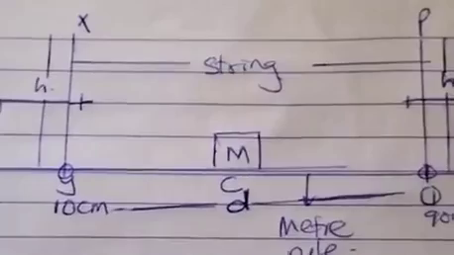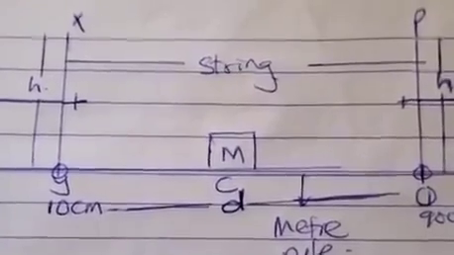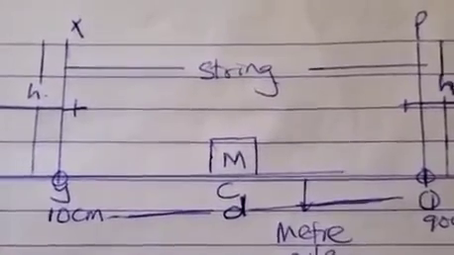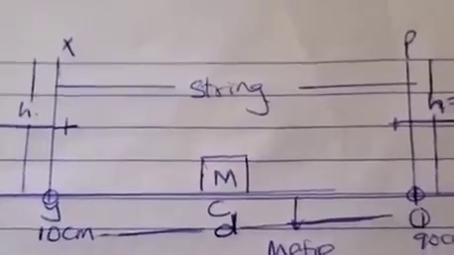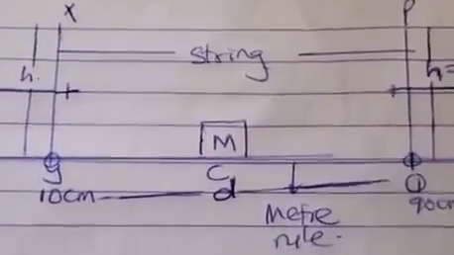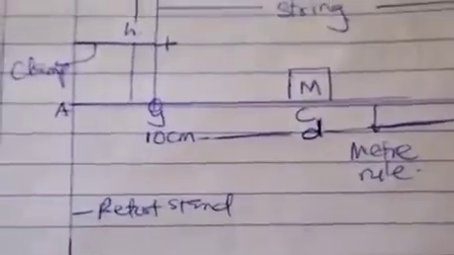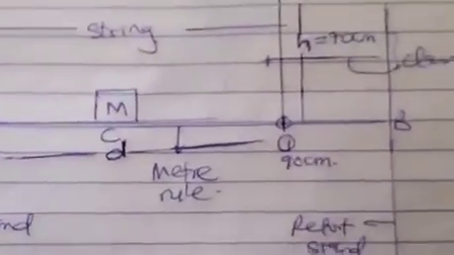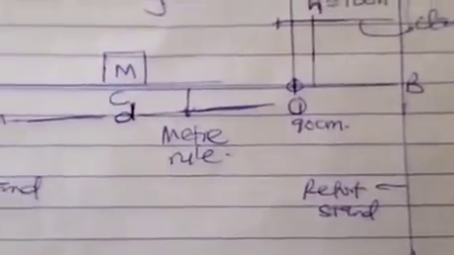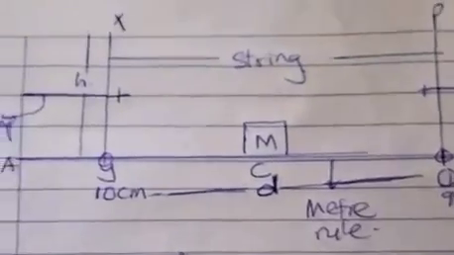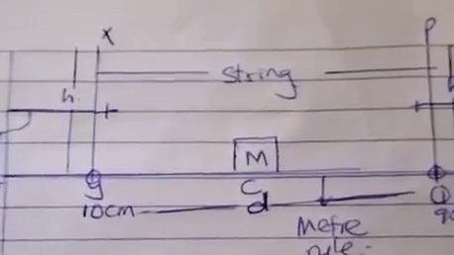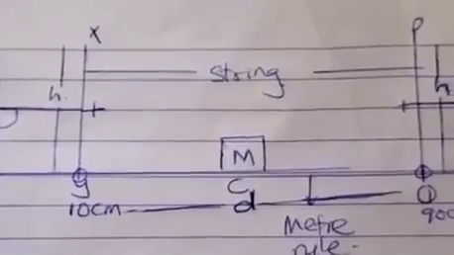While the mass at the center of gravity will be changed from point to point, and the meter rule is made to undergo 20 vertical oscillations. So let's understand this experiment. It's more like a simple pendulum, but it's not a simple pendulum. It is different because in a simple pendulum, the length of the pendulum is changed.